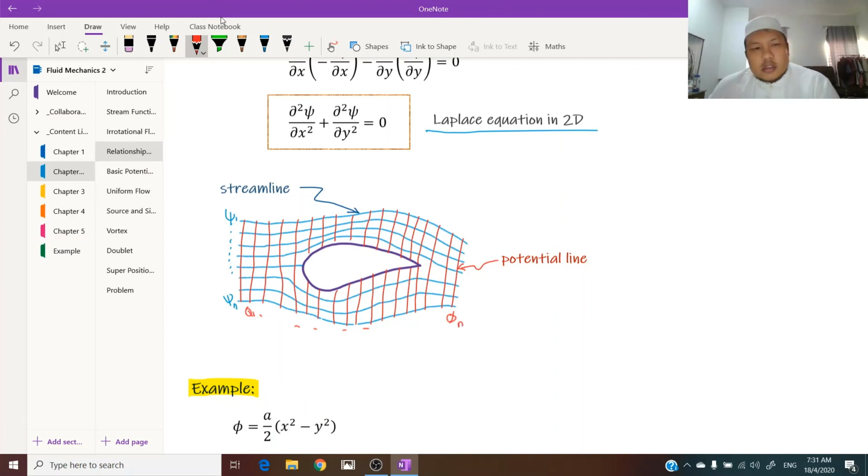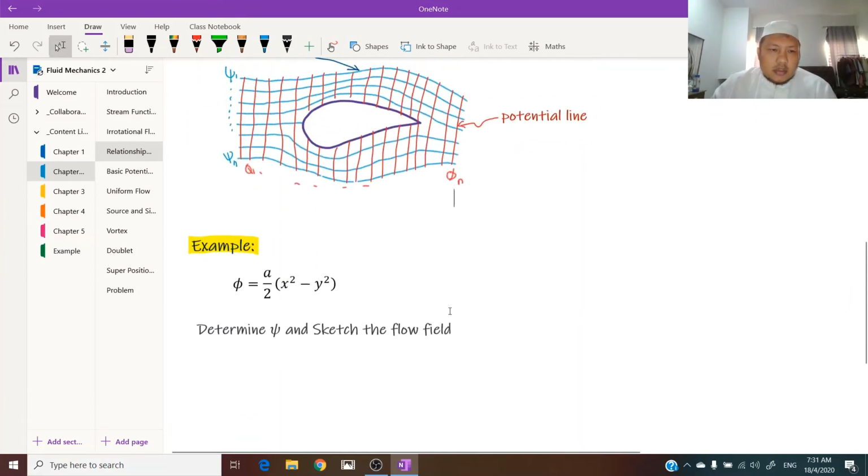Right, so this is what we have in the streamline and the potential line, or we call it the equipotential line. All right. So next, for the example, you can see my video. I made a separate video where I already solved this example.